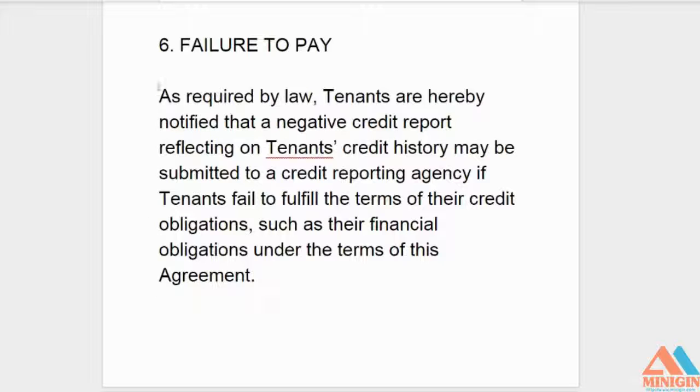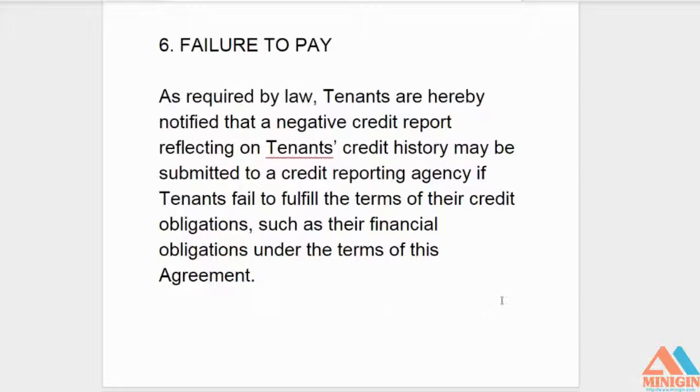If you have a bad credit history, there may be something in your credit history saying that you were previously evicted, thrown out of an apartment because you did not pay on time, because you stopped paying, or because you broke a rental agreement. That will be on your history.